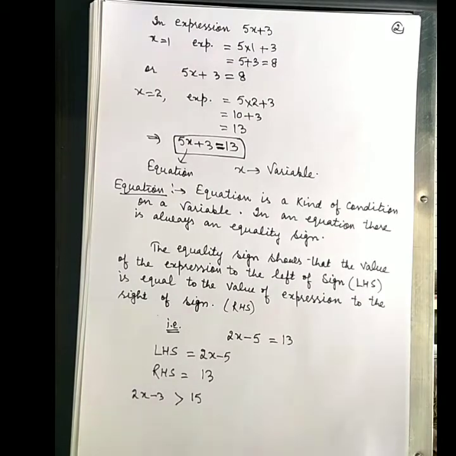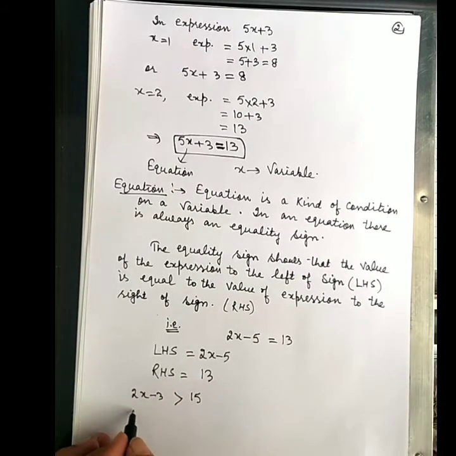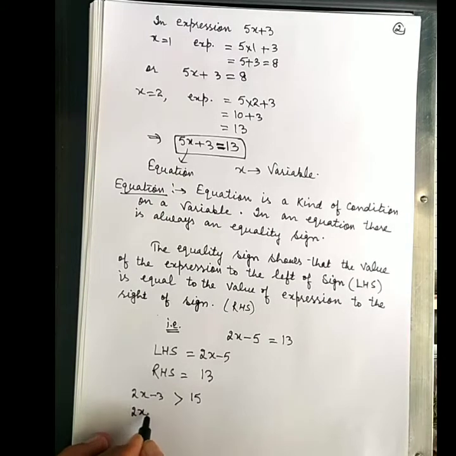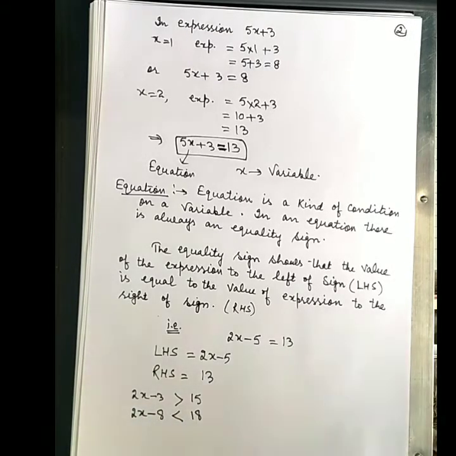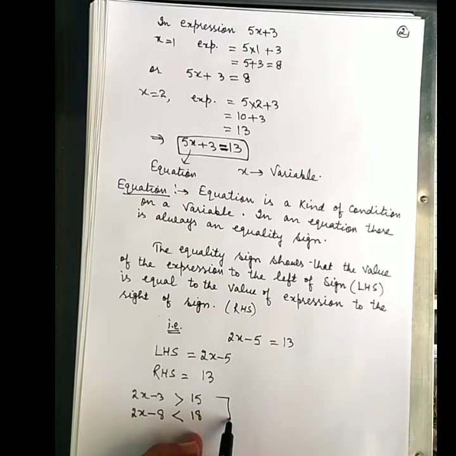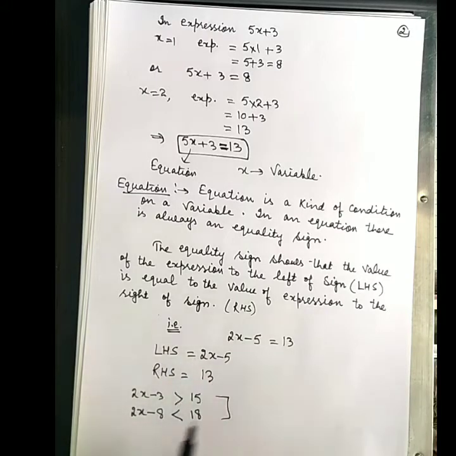So students, if I write 2x minus 3 is greater than 15, or some other expression 2x minus 8 is less than 18, whether these are equations or not? No, in equations the equality sign always occurs. Here it is a greater than sign and here a less than sign.